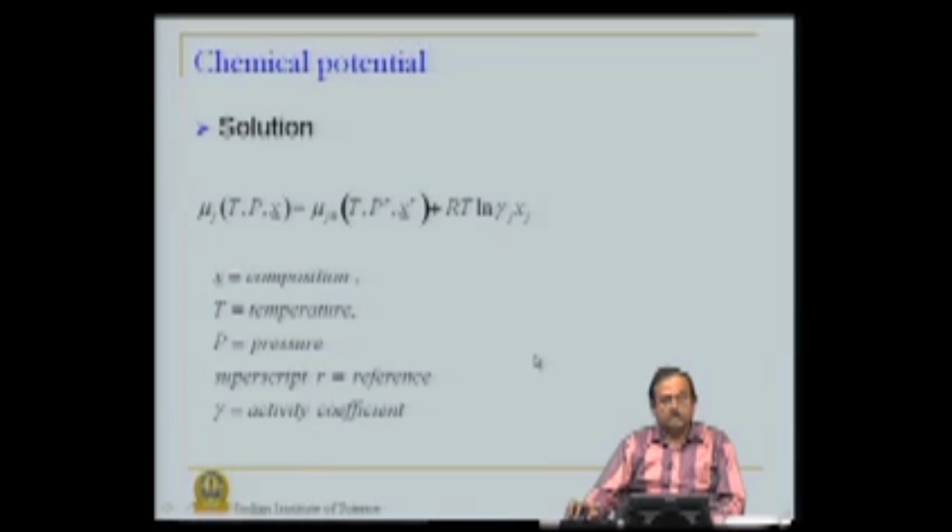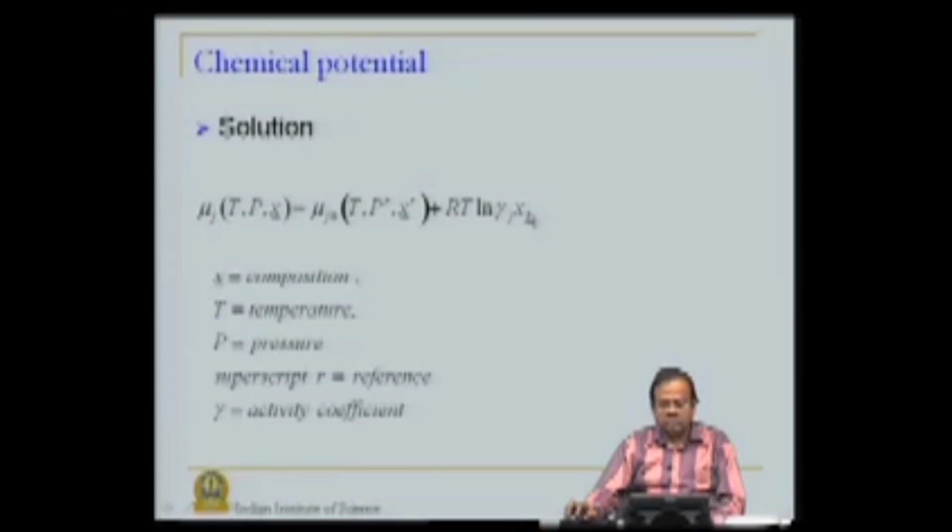What if the reaction is taking place in a solution, a liquid solution, let us say? We have a similar definition. Chemical potential as a function of temperature, pressure and composition x is related to the standard condition chemical potential plus RT ln gamma_j x_j, where gamma_j is the activity coefficient and x_j is the composition.